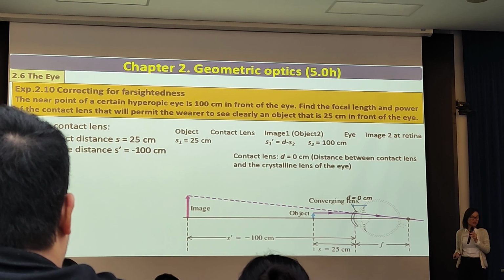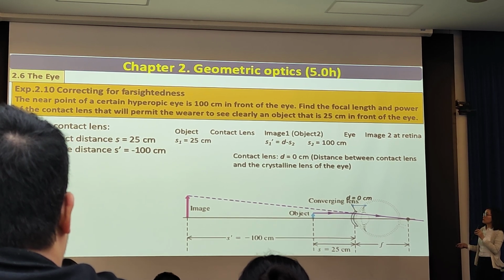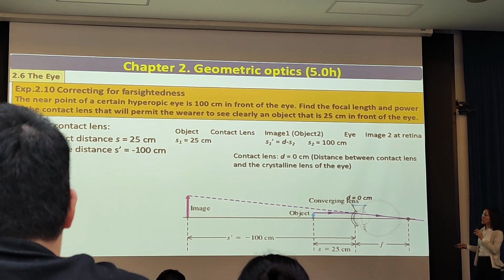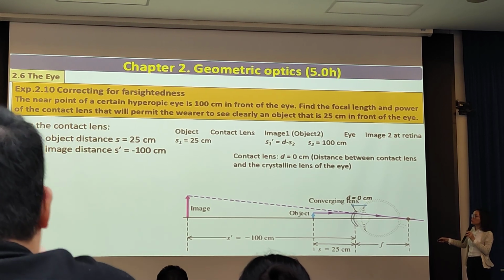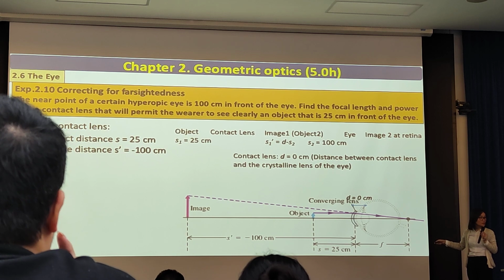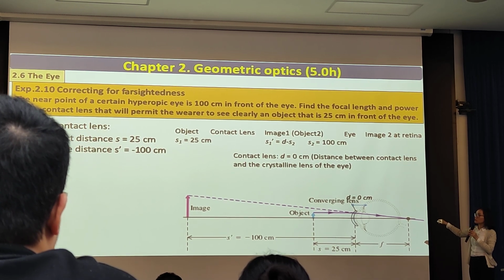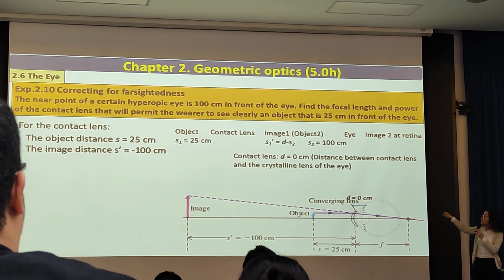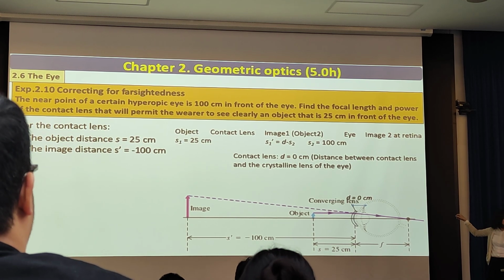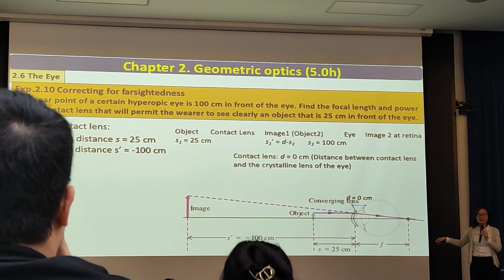Yes, the contact, that's why it's contact lens. So we got the object distance S equal to 25 and the image distance S prime. Here we just use for the contact lens only. You can ignore S1, S1 prime, S2, S2 prime. You just focus on S and S prime, but I use the full diagram to explain.